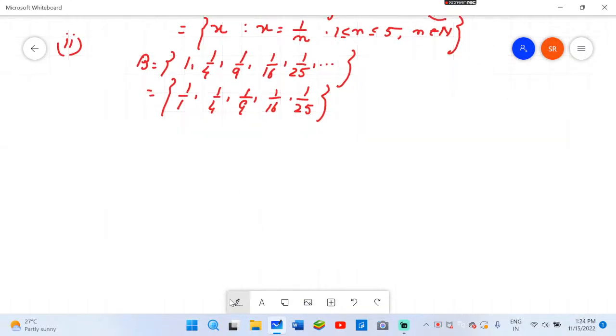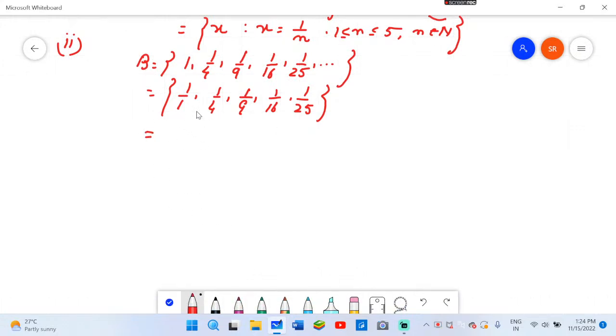Now you see here the bottom numbers are simply squares of natural numbers. 1 square, 2 square, 3 square, 4 square, 5 square. They are squares of natural numbers. And the maximum value taken by n is 5, and of course these are natural numbers.